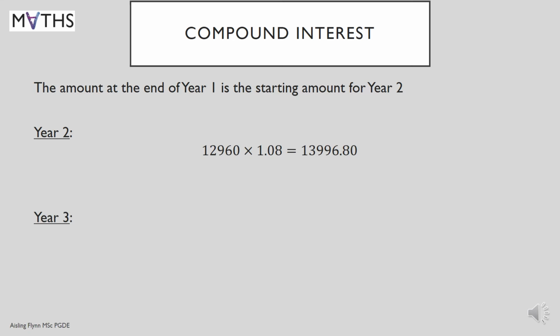Similarly, what you finish year 2 with is what you will start year 3 with. So this figure begins year 3, and again we find 108%. Now we're above €15,000, so the money is compounding, it's getting larger and larger.